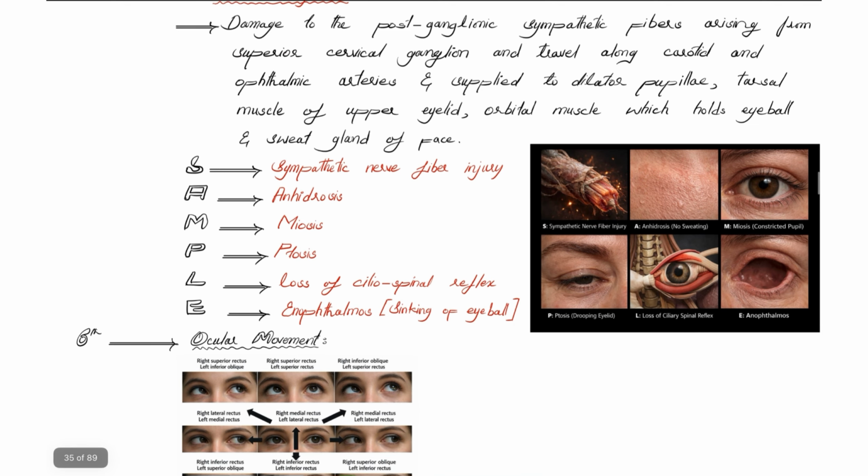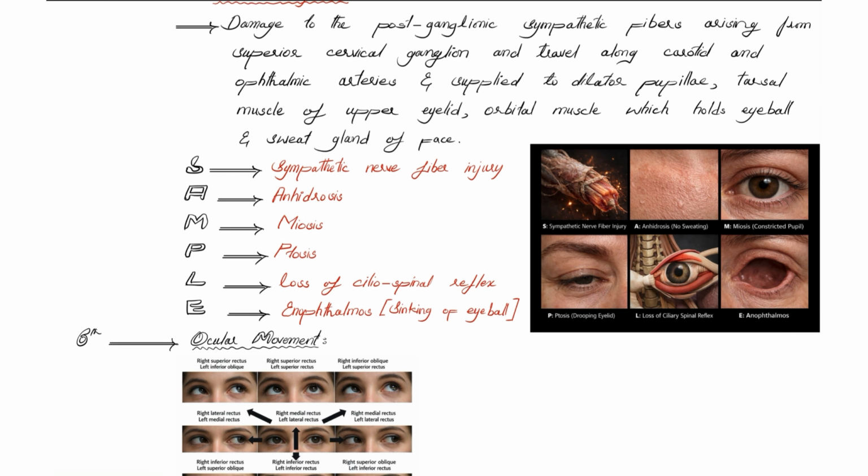So you can remember the signs of Horner syndrome by the mnemonic PAMELE. If the sympathetic nerve fibers which arise from the superior cervical ganglion are damaged, then it leads to anhidrosis, meaning no sweating of the face, especially the forehead.